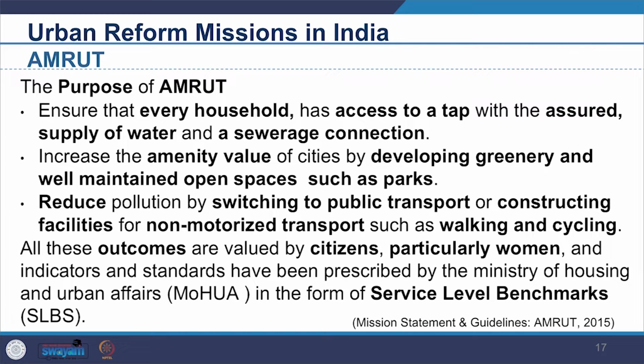All these outcomes are valued by citizens, particularly women, and indicators and standards have been prescribed by the ministry in the form of service level benchmarks, also abbreviated as SLBs. AMRUT has also been extended for 2 years and is most likely to be finished in 2022.